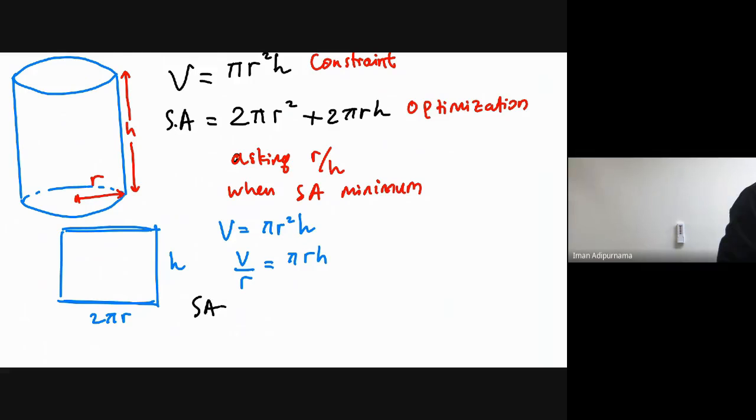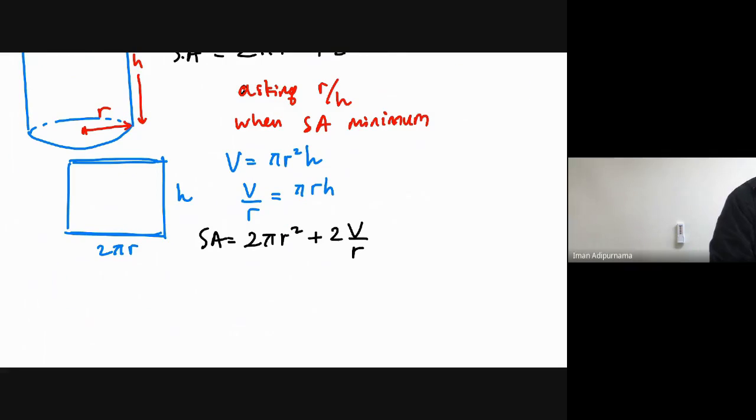So my surface area will be 2 pi r squared plus 2 pi r times V over pi r squared. So I'm removing the h and changing to V over r squared. So it's all in one variable r. The volume is constant, and I can minimize the surface area.